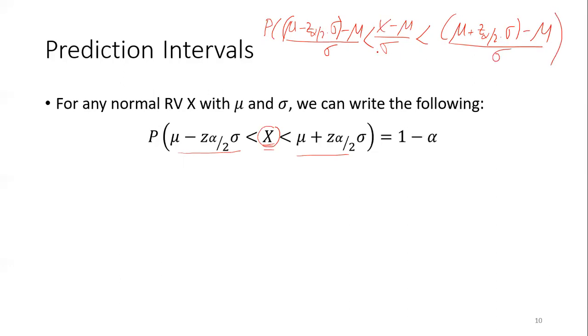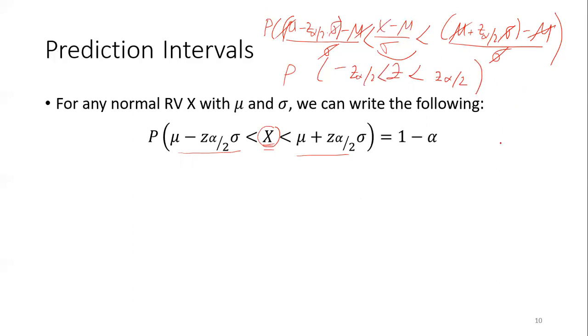Since x is normal, this is z. Mu cancels, sigma cancels. This is the probability that z is between minus z alpha over 2 and z alpha over 2.